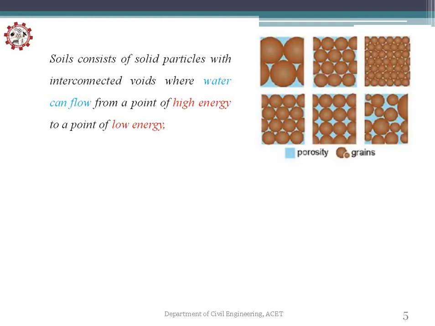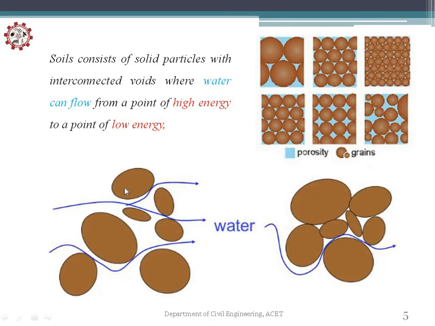So these are the types of grains of soils with respect to porosity. If you are having big grains, you can see the water here, then this is again the next shape. All these are the grains with respect to porosity, meaning the percentage of voids present.